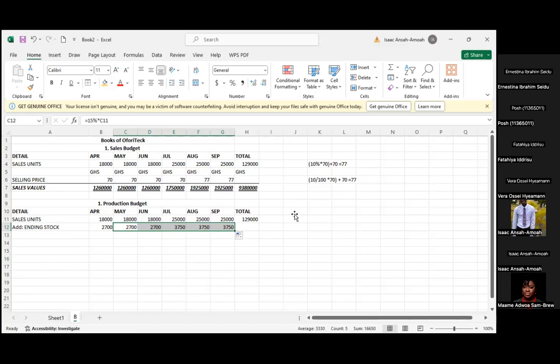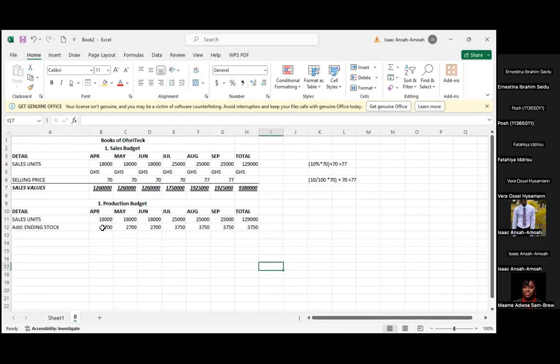We need to put a total here. The total here is supposed to be 3,750, and I will explain that. At the end of the period under consideration, which is a 6-month period, all the ending stocks will not be added together. They would have been consumed, so you cannot add them.